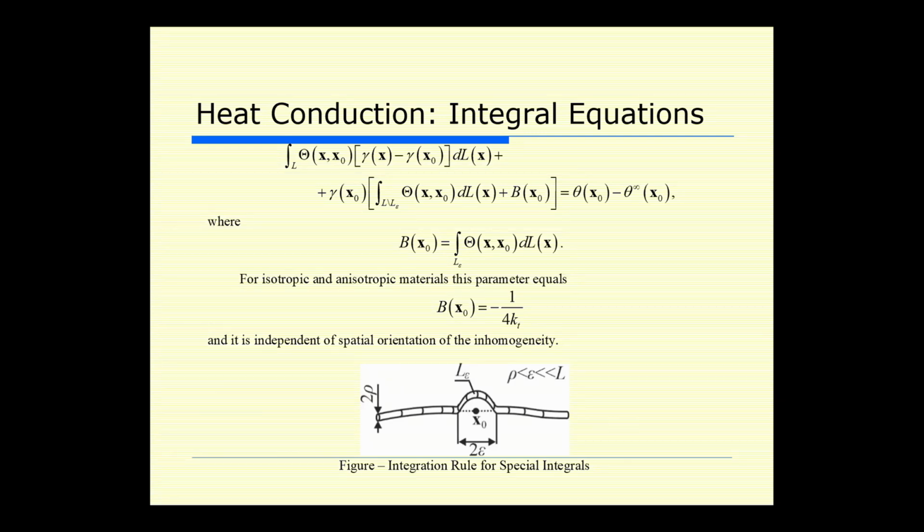And for isotropic and anisotropic materials, this parameter beta at x0 equals -1 over 4 pi kt, and is independent of spatial orientation of the inhomogeneity. In this figure, you can see the integration rule for these special integrals.